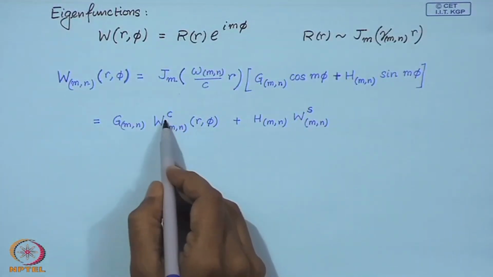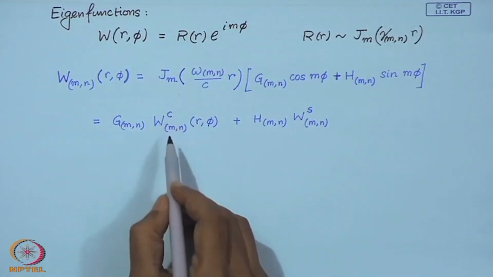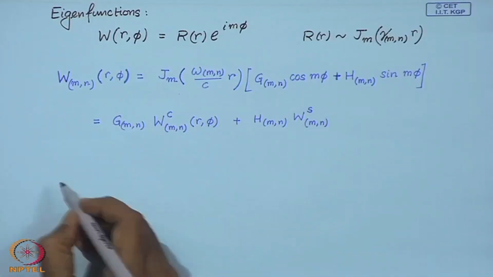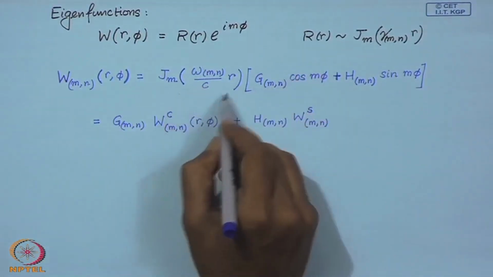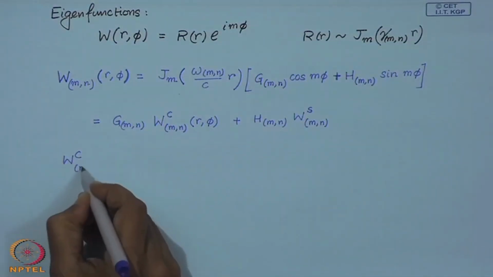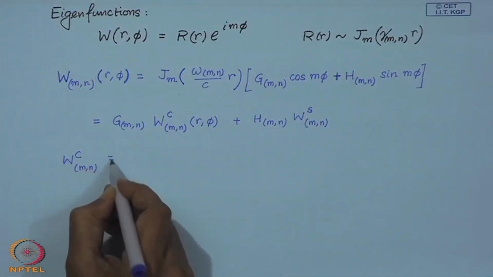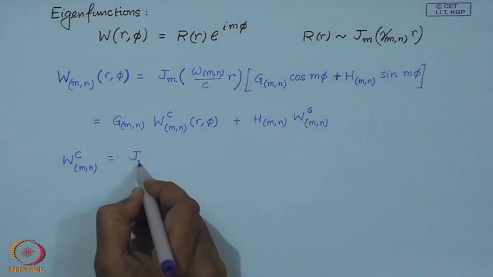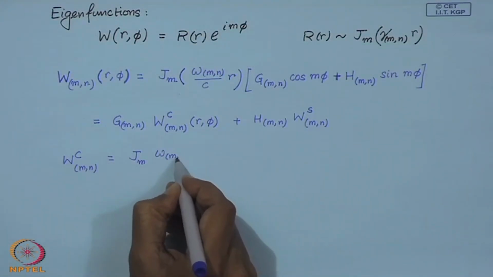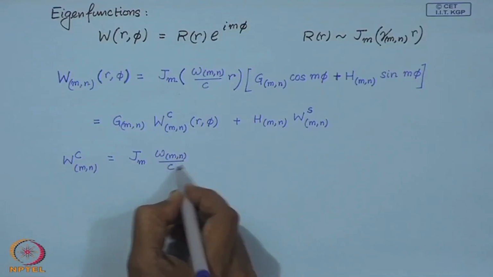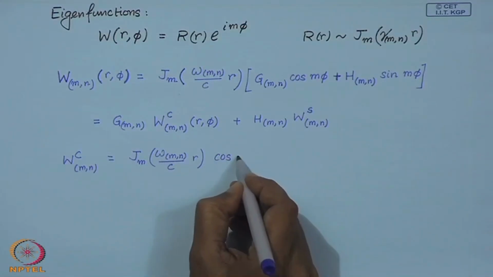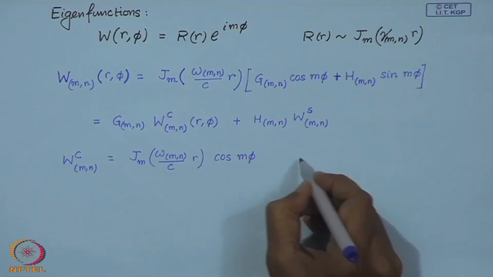So, the subscript capital C over W indicates this Bessel function multiplied by the cosine, and similarly for the sine.